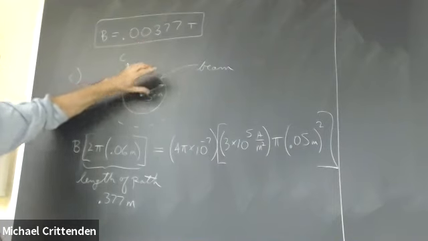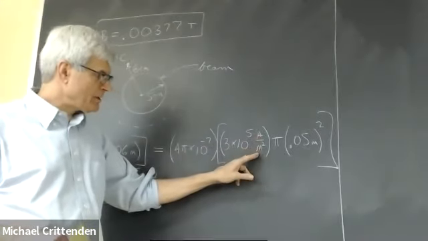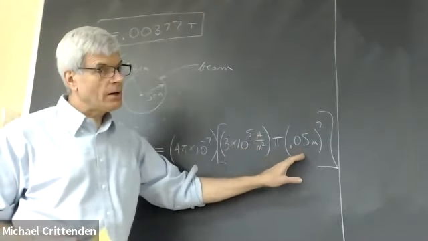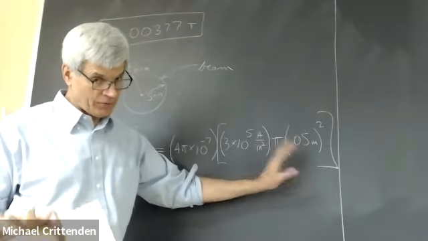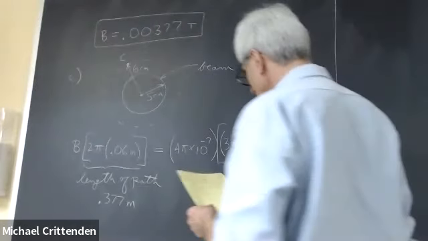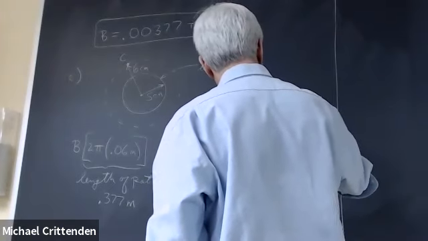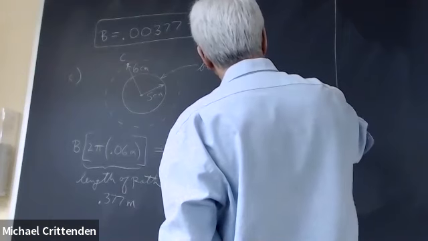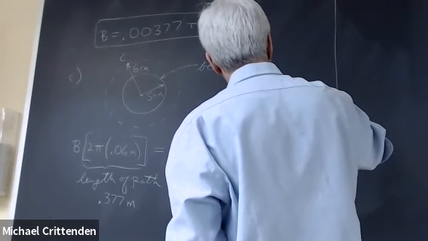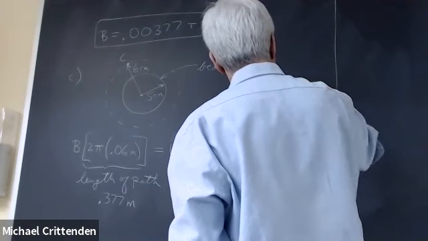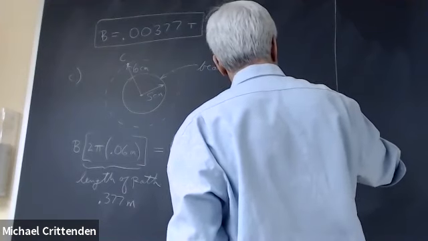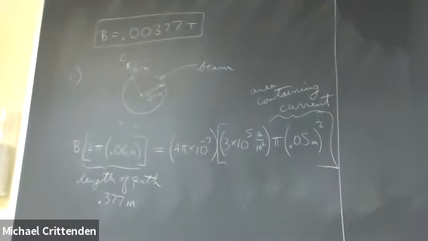Here, I use the radius of the path because I need to calculate the length of the path. But over here, I don't need all of the area enclosed within the path because in this last outer centimeter here, there's no ions there. The current is all within that first 5 centimeters. So I need to care about amps per square meter times how many square meters contain any amps. That's why I need 0.05 here rather than 0.06. So the area containing the current times the current density would equal the current.